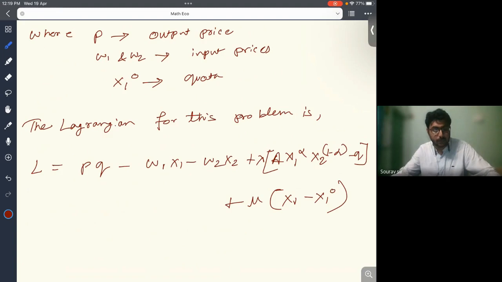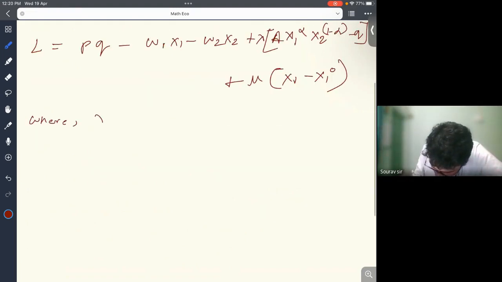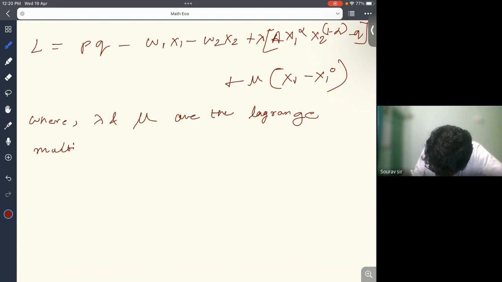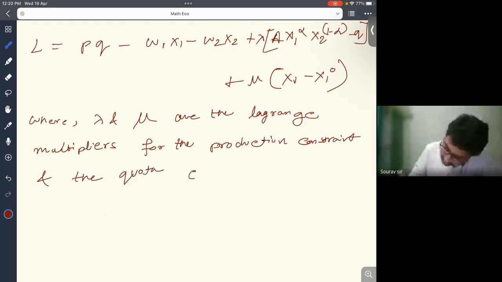Here lambda and mu are the Lagrange multipliers for the production constraint and the quota constraint.